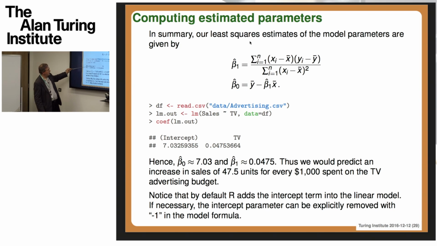What it labels the intercept would be our beta naught, which is around 7, and similarly the beta 1 is around 0.047. To make that interpretable, the model is fitting parameters beta which say that the sales increase by around 47.5 units for every $1,000 spent on TV advertising.